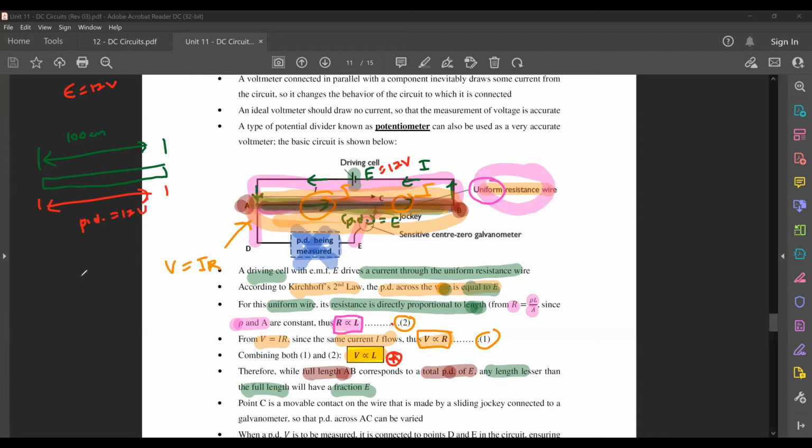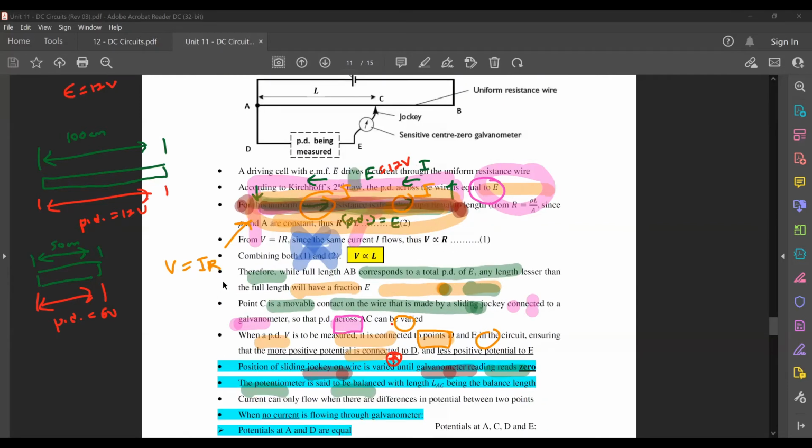But if your length is slightly less than the full length, maybe 50 centimeter, the PD across it would be correspondingly less. Here your PD would be half of the original since your length is half, right? So this one will be 6 volts. That's what we mean by that. Right now you're going to get a fraction of your EMF E. So far so good with this.